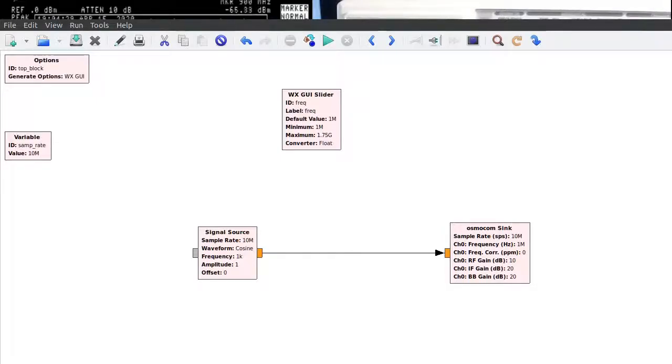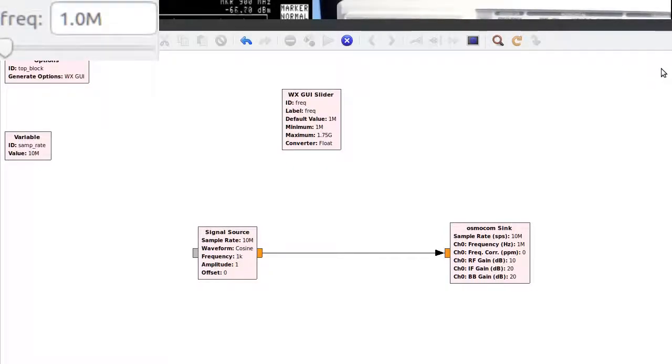So okay, I'm going to run this thing here by clicking here, and now it's running, and let me just add something to the output of the screen capture.